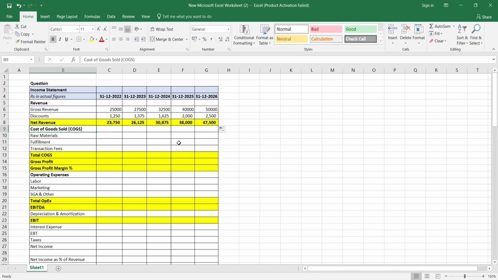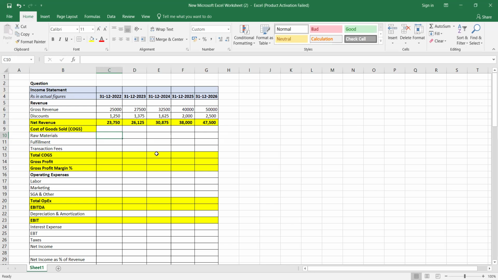Now the next portion is calculating our cost of goods sold. For raw materials also, they would have given you some assumptions. Can you please check on the assumptions? 30% of raw material. 30% of sales, which sales?